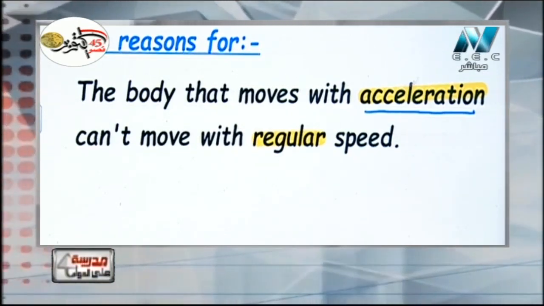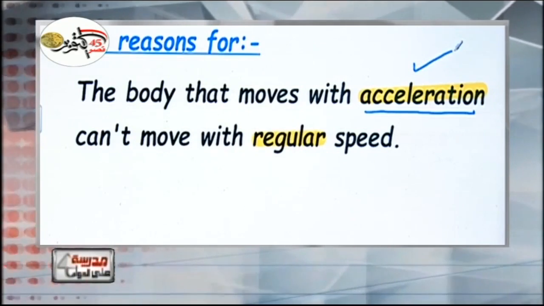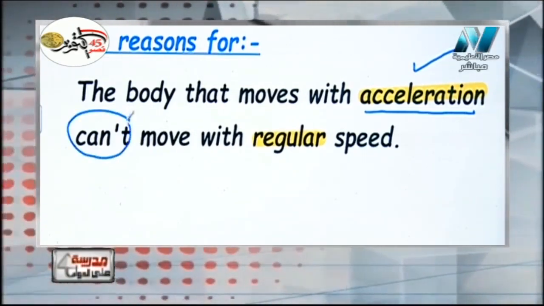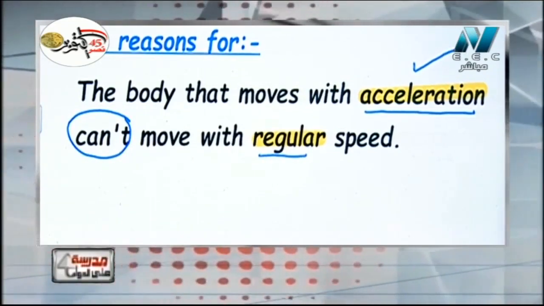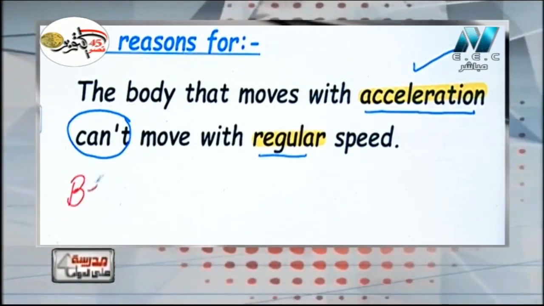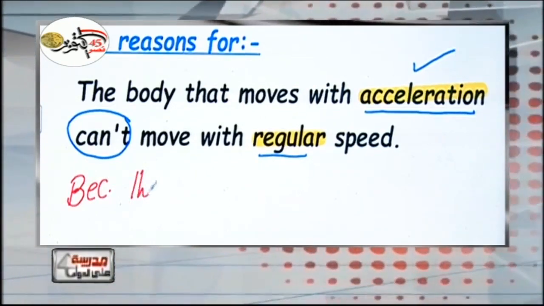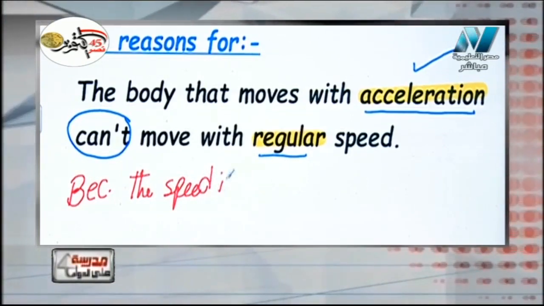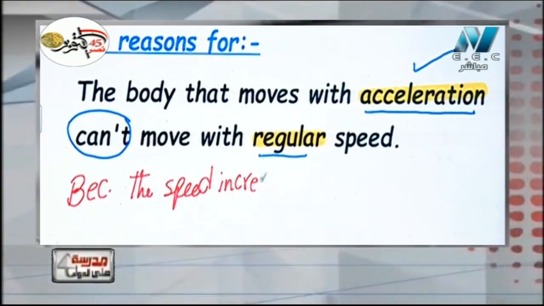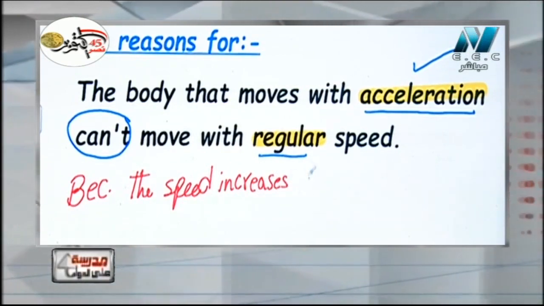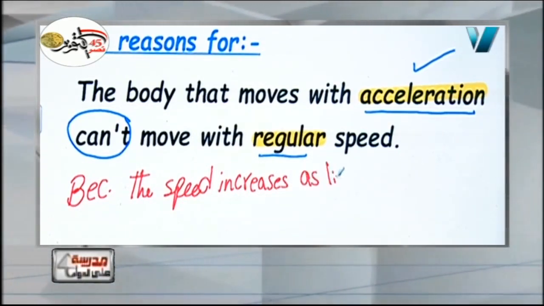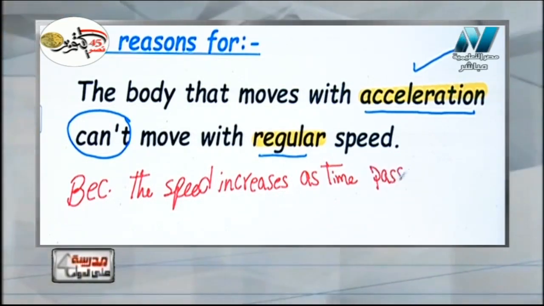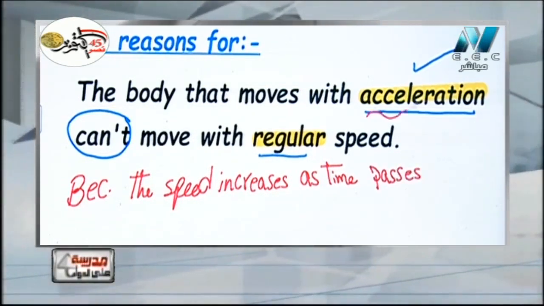I say no. We answer here according to acceleration, because in this question we have can't move with regular speed. So the answer here, I say, is because the speed increases as time passes. So we answer according to acceleration.